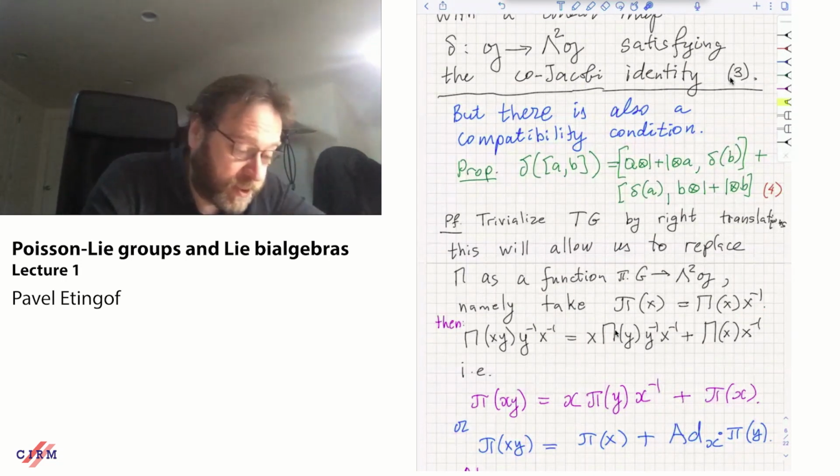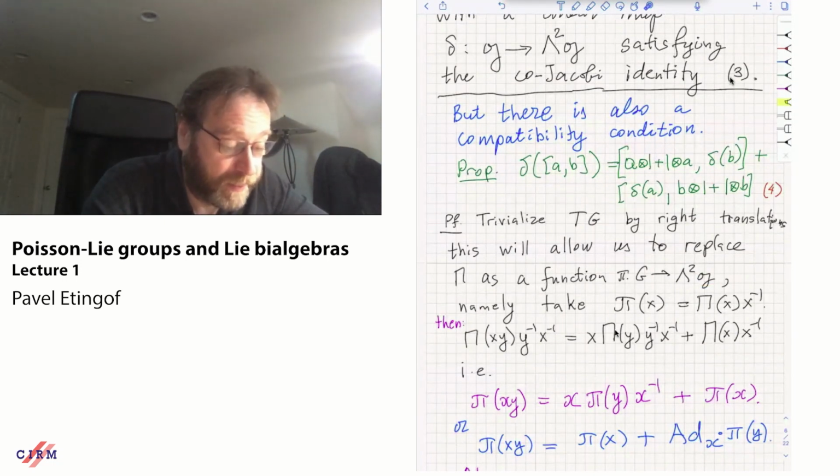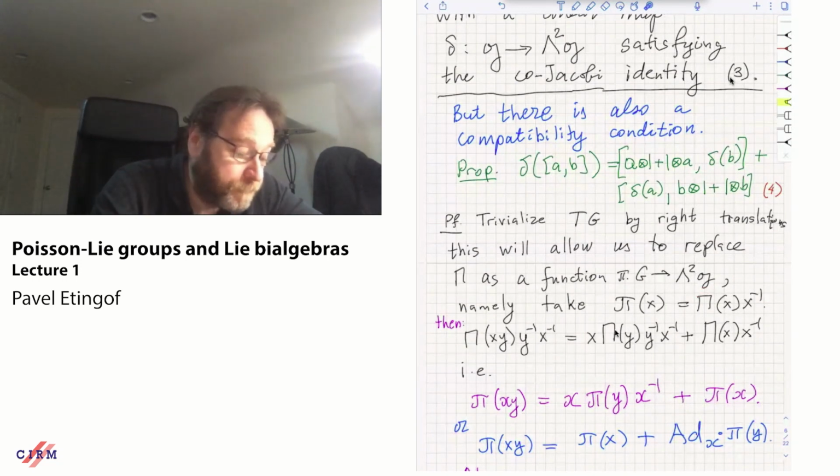And then we will get just a function from G to wedge 2 of the tangent space at the identity, which is just the Lie algebra, so wedge 2 of little g. And then we can see how to rewrite, in terms of this little pi, the property of the Poisson bivector. So capital pi of xy is equal to x pi of y plus pi of x times y.